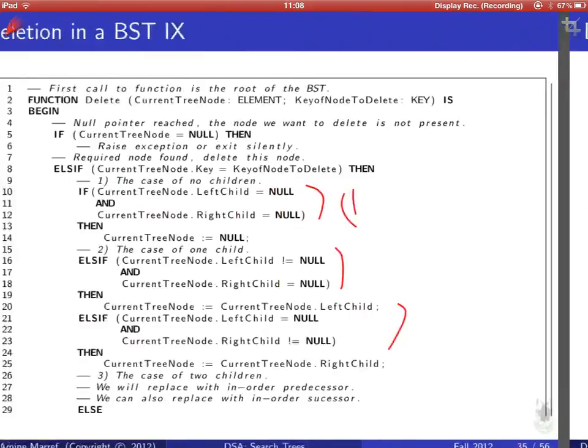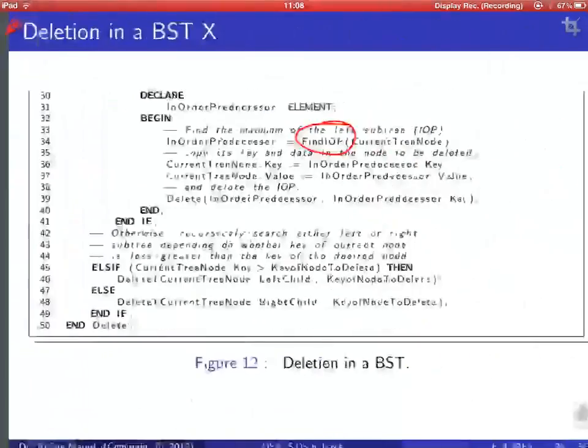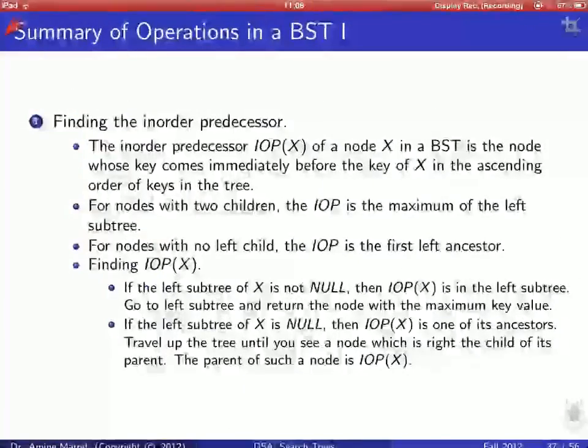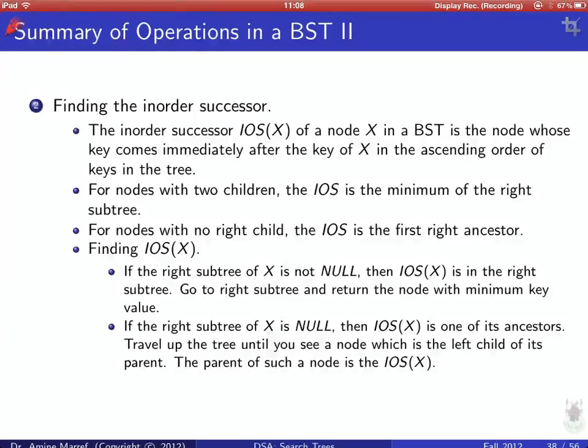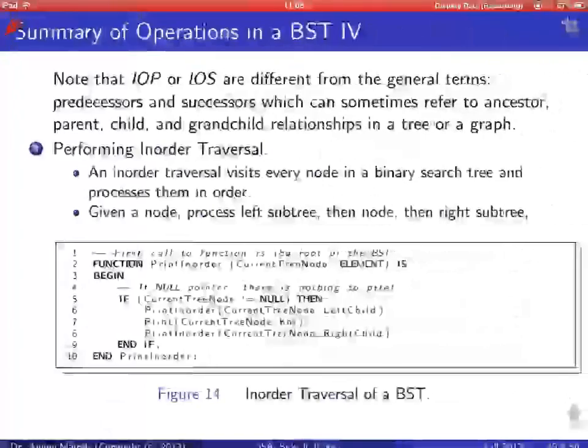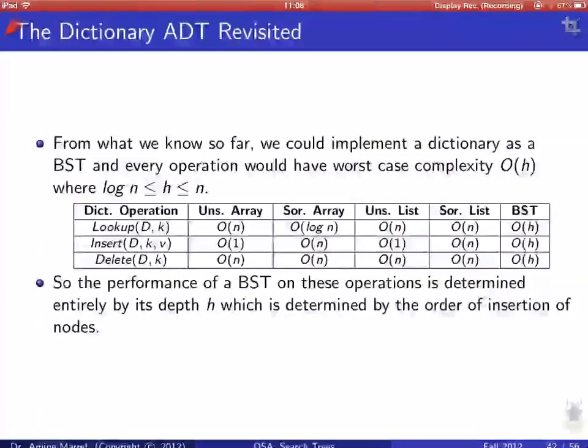So finding the minimum of the right subtree gives the Inorder successor, and finding the maximum of this left subtree gives the Inorder predecessor. Okay, so in order to find the maximum of the tree, all we have to do is to jump.